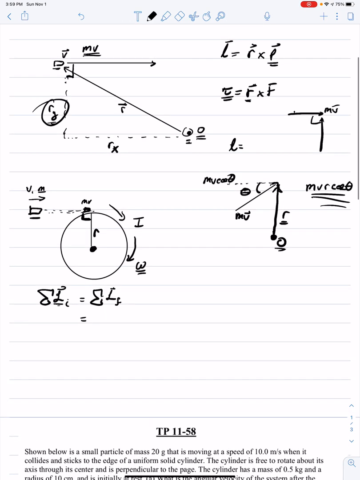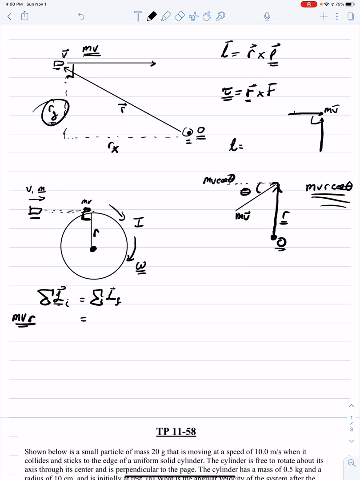So we can rewrite this as mass times velocity times sine of 90. Remember, as long as you identify that it is 90 degrees, that's fine. You don't even have to write it again. It's just mass times velocity times the distance from the axis of rotation because it is perpendicular.